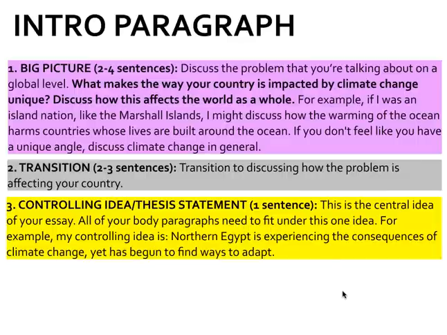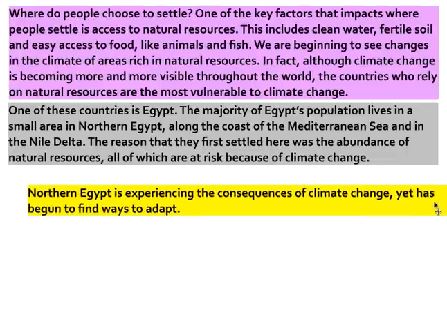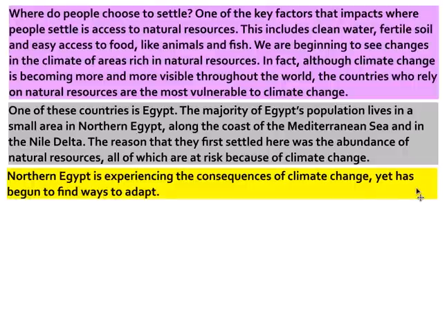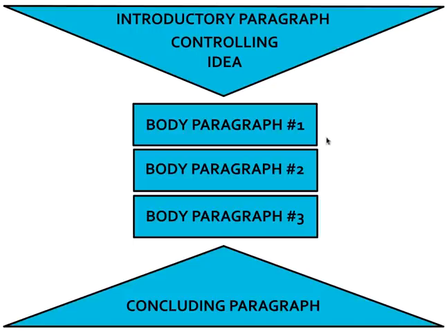For example, my controlling idea is: Northern Egypt is experiencing the consequences of climate change. It has begun to find ways to adapt. So I have that here. When you think about my 3 body paragraphs, all 3 of those body paragraphs are about how Egypt is impacted by climate change and how it's beginning to adapt.